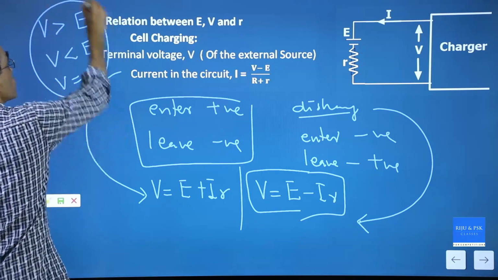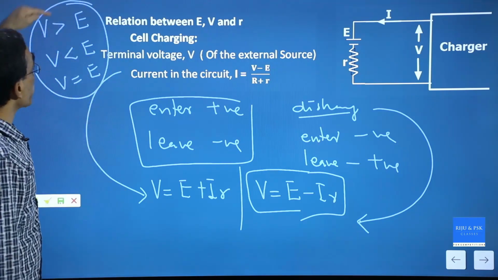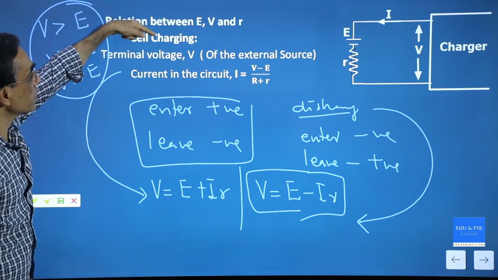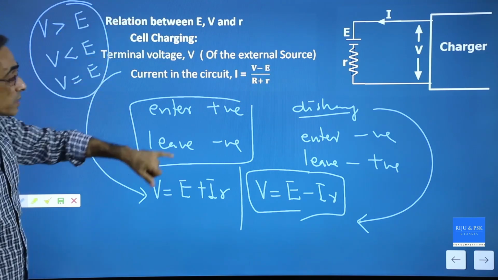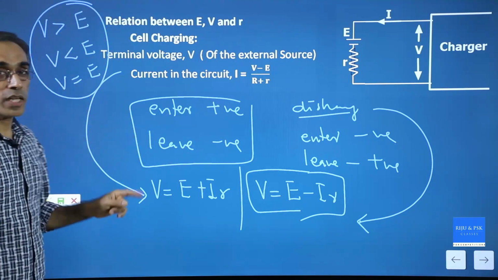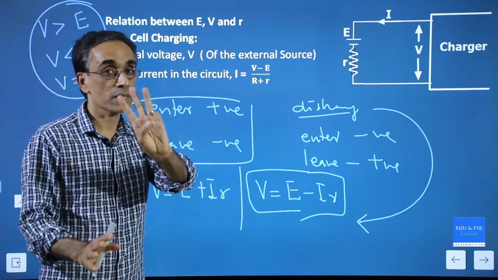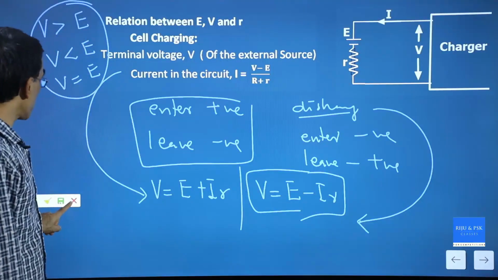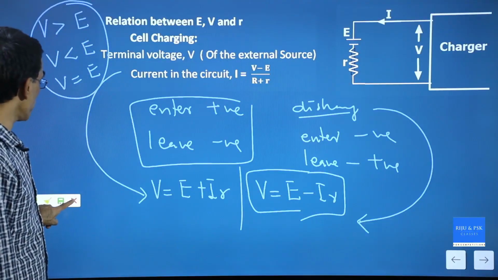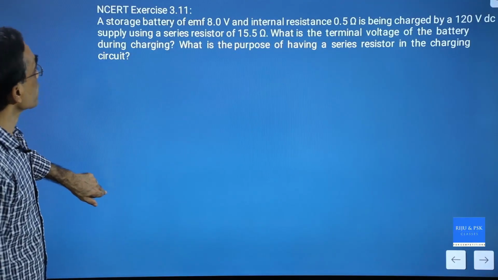V can be greater than E when it is charging. V is less than E when it is discharging. V is equal to E if it is not charging or discharging, or if there is no current. Three relations. Fine. So this should be clearly understood, the relation between terminal voltage and EMF.